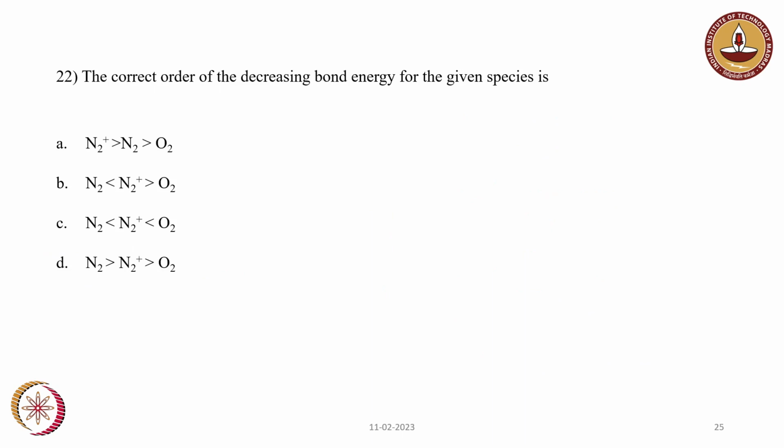And the next question is the correct order of the decreasing bond energy for the given species is. So bond energy we can calculate by finding out the bond order. So bond order and bond energies are directly proportional.